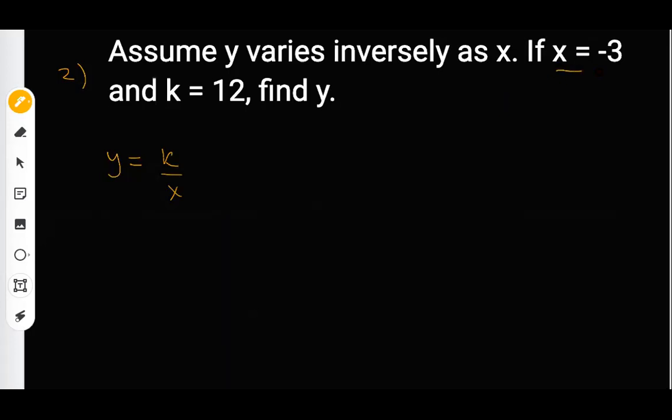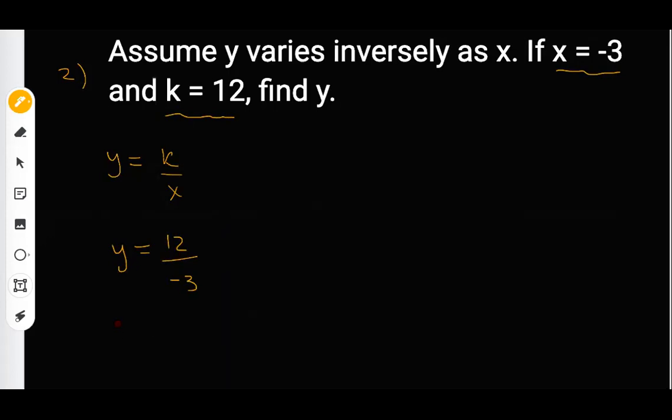And it tells me that x equals -3 and k equals 12. Those are my given information, so I'm going to plug those in. I don't know what y is yet, so I'm going to leave that as y. It tells me that k equals 12, so I'm going to replace k with a 12. And then what am I dividing by? I'm dividing by -3, since x equals -3. I plug that in for x.